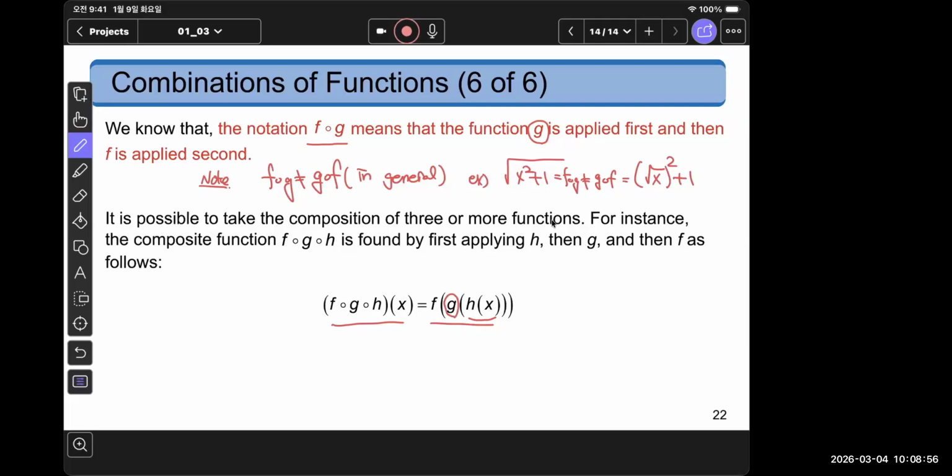And then this g of h of x must be in the domain of f so that I can evaluate my function f at that point. Okay. So if you collect all those x values, then that will be the domain of f circle g circle h. Okay, questions?